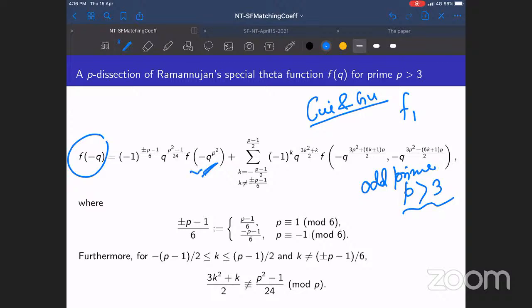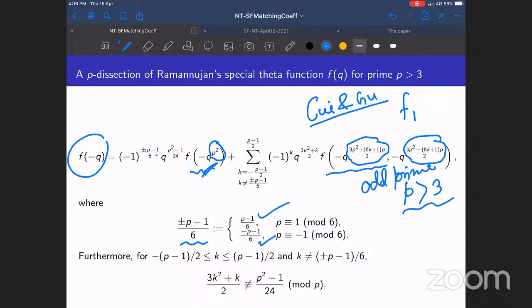So here we notice that this is f of minus q power p square, and here these are all powers of p. So these powers are the multiples of p. So here also there is a multiple of p, and that is actually p square. And here plus minus p minus 1 by 6, that is defined by this for p congruent to 1 mod 6, the first one, and p congruent to minus 1 mod 6 is the second one.